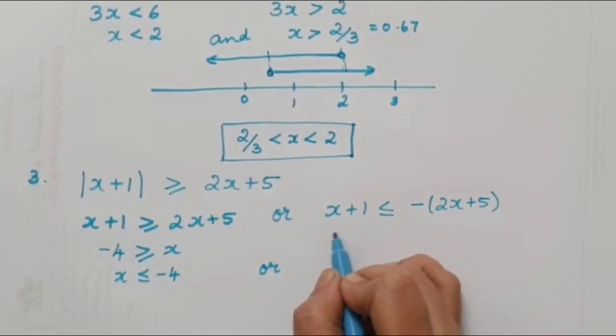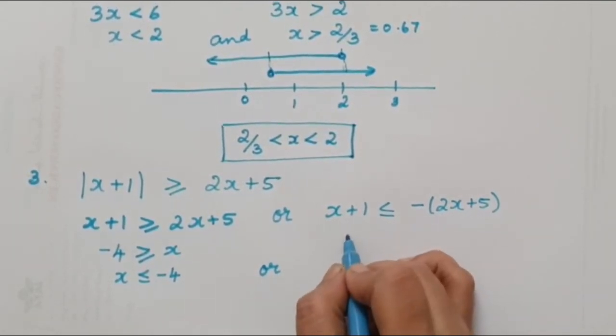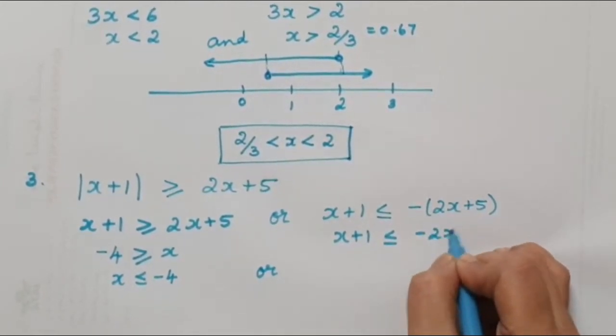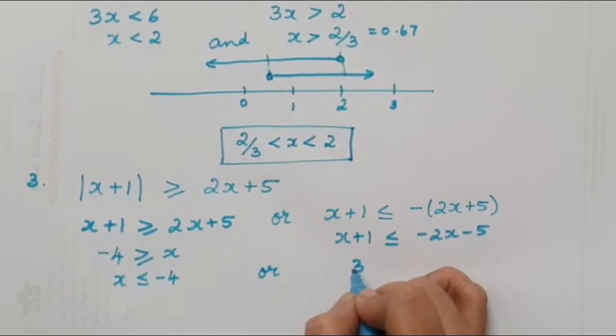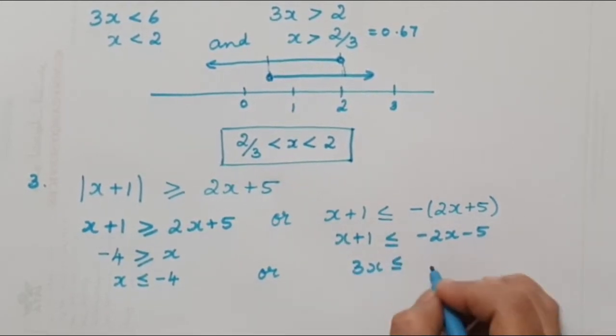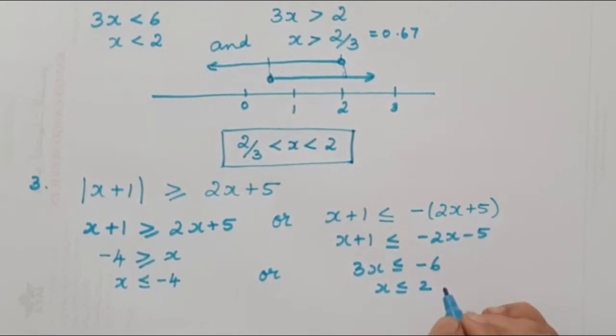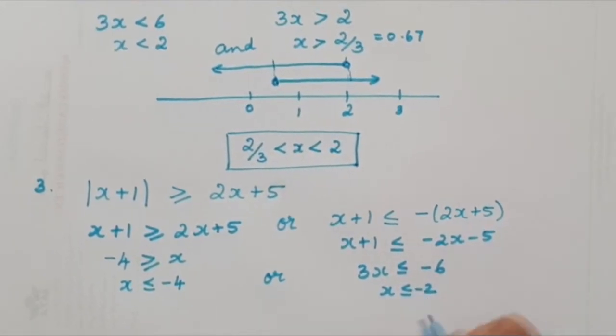So now when we simplify this, it will give us x plus 1 is less than or equal to minus 2x minus 5. So 3x is less than or equal to minus 6. X is less than or equal to minus 2.